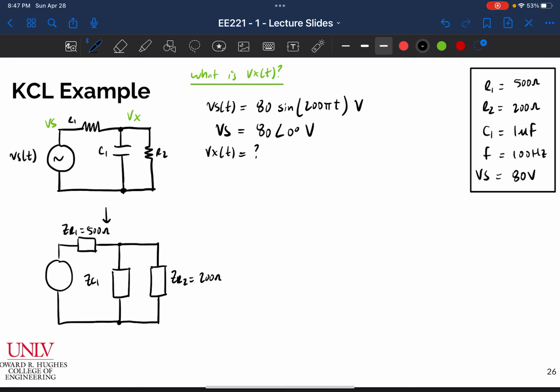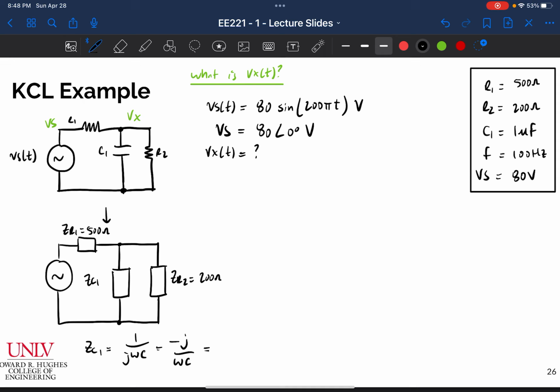And then my capacitor we're going to have to solve for, because we know that the impedance of a capacitor is 1 over j omega C, or minus j over omega C, which in this case is going to be, let me calculate that, 1 divided by 2 pi times f, which is 100, times C, which is 10 to the minus 6.